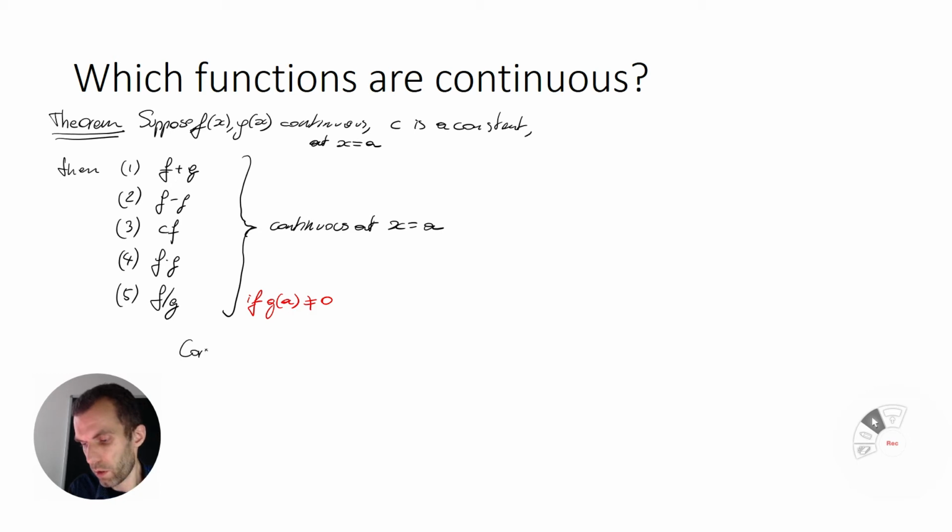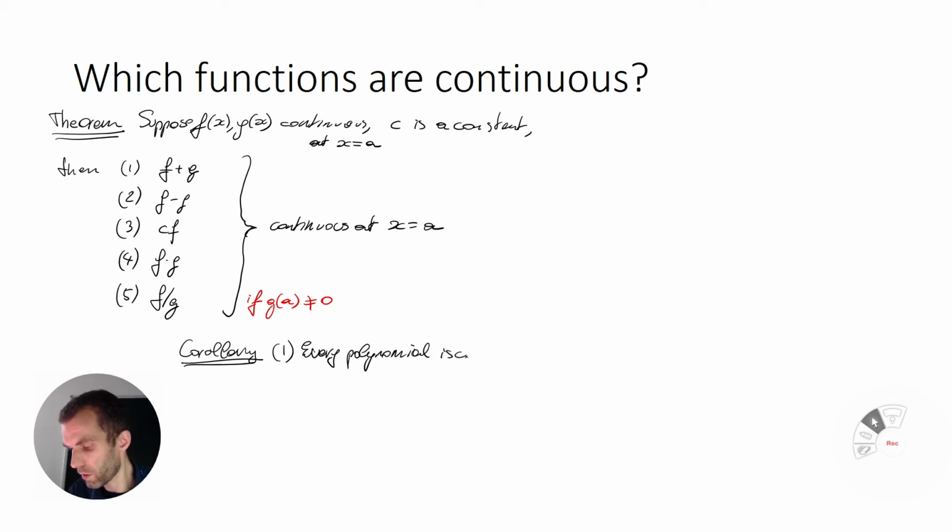And there's an important corollary or consequence of this theorem, which says that, first of all, every polynomial is continuous for all values of x in the set of real numbers.